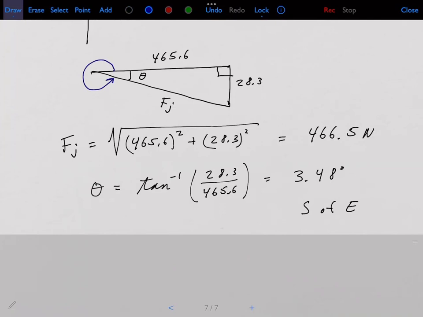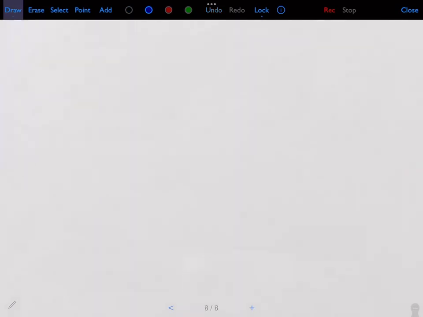Okay, and then the last thing we wanted to do was represent all those values now as a percentage of body weight. So remember Fm was 472.8 newtons.